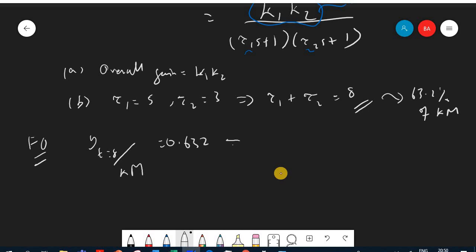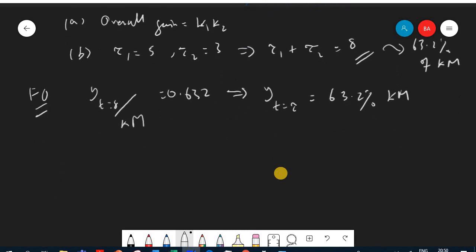We showed this another way by saying that at t equal to 1 tau, you have 63.2% of Kn. In this case my tau is 8, and I just want to make sure whether that is applicable or not. That is for a first order.